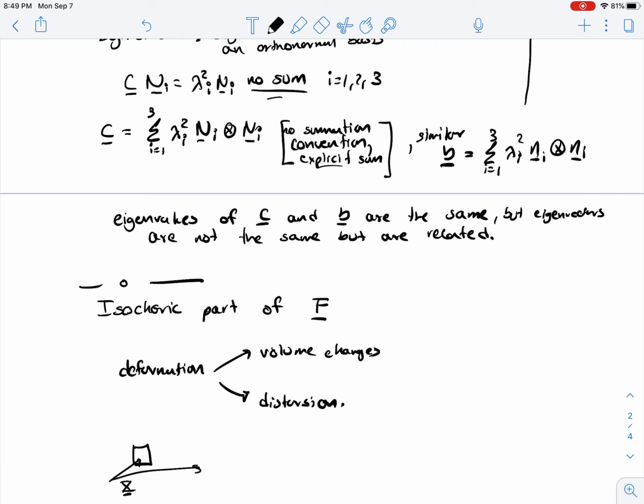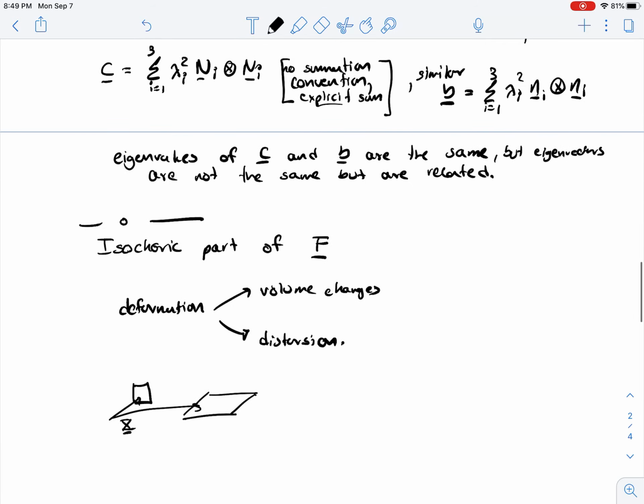So again, you can think of, I have my little square in big X, and then that gets mapped to some position little x, right? And the map between these two is F. But clearly there are two things going on.